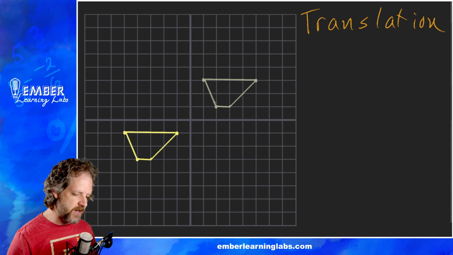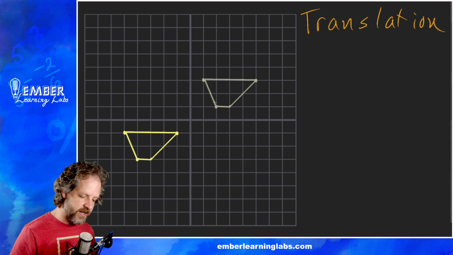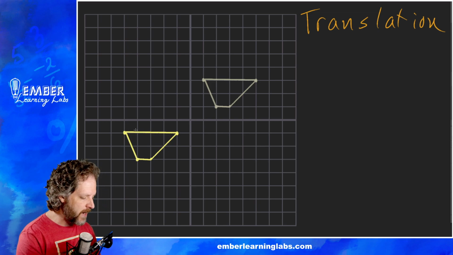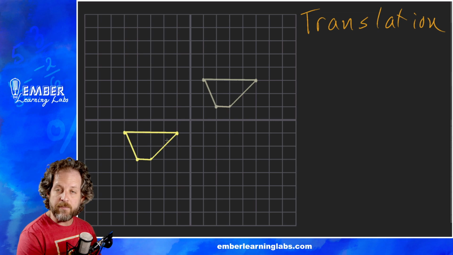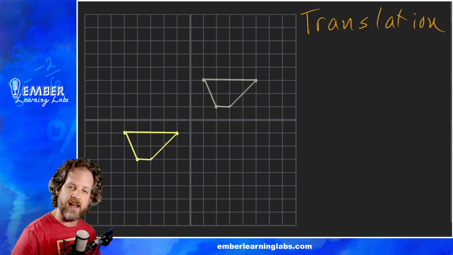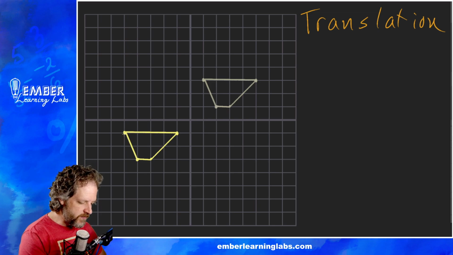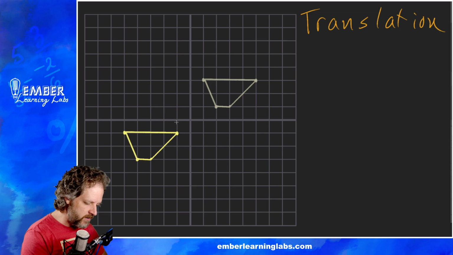So let's see if we can make sure we understand how it was translated. In order to do that, we're going to start out by labeling the points, the vertices of this shape. Vertices in a shape are the corners, right? So this first one is at negative 5, negative 1.